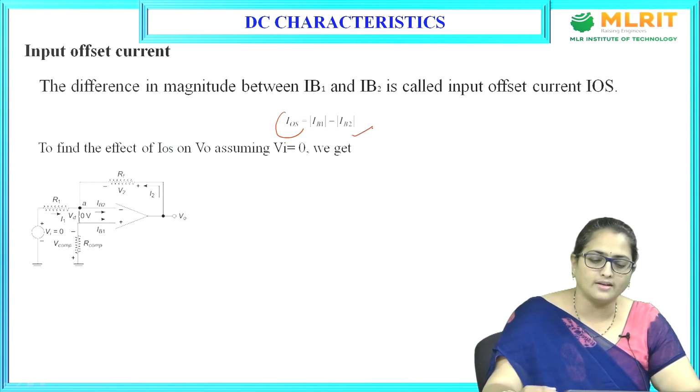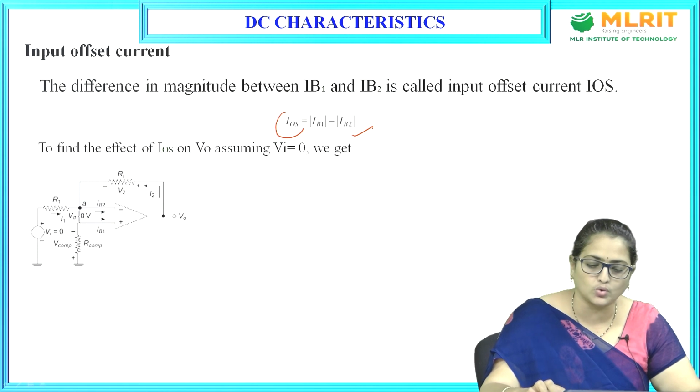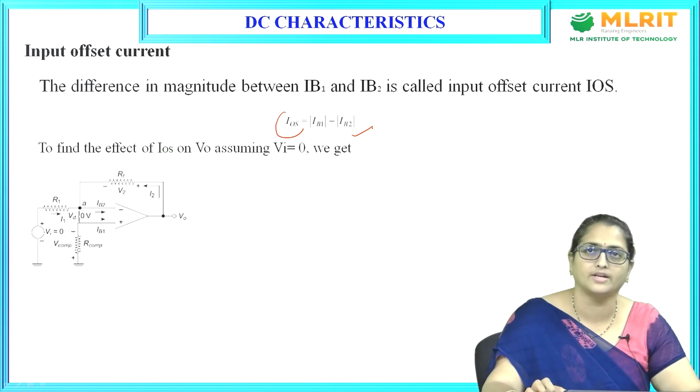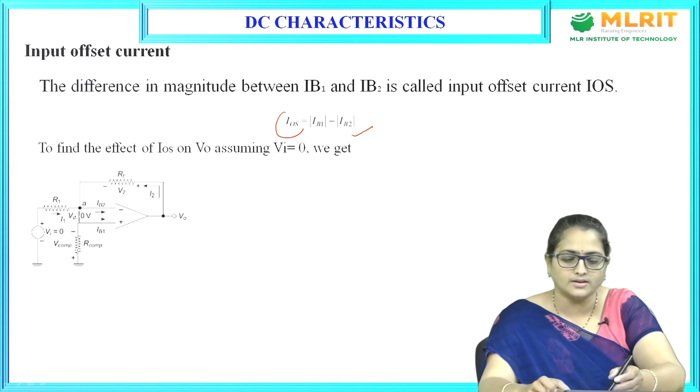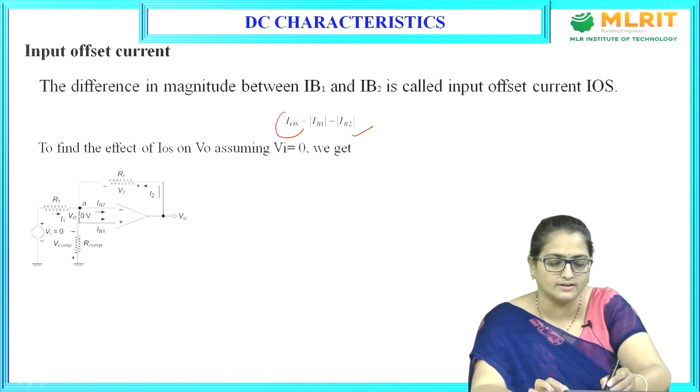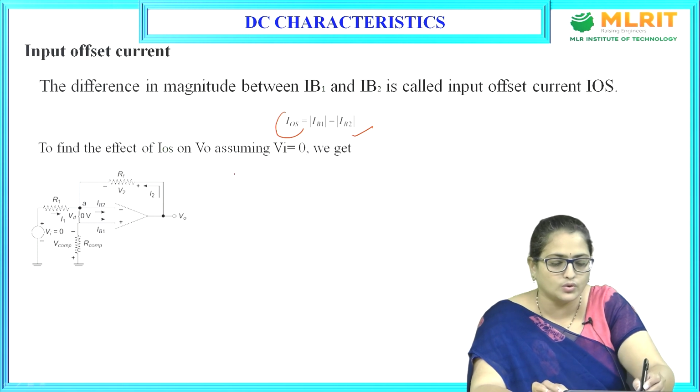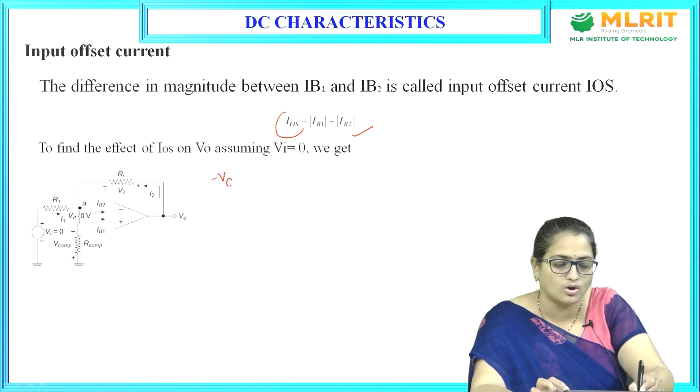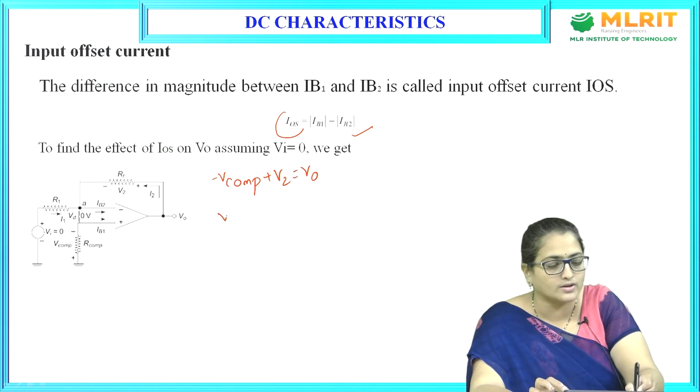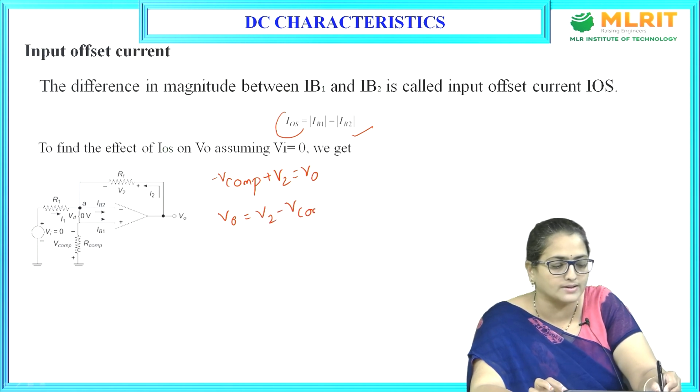Here, to find the effect, this circuit helps us to find out the effect of IOS on V0. Here, just by applying a KVL across this, you can write minus V compensator plus V2 is equal to V0. So, you can write V0 as V2 minus V compensator.